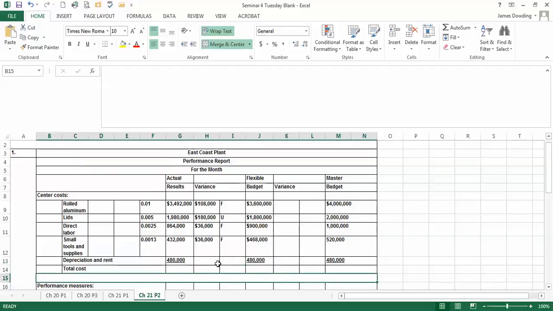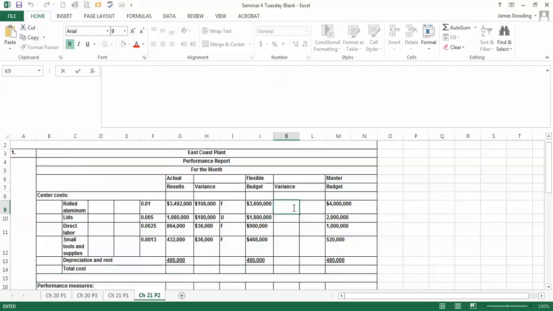And what I also want to do now is our variance. This is our difference between what our master was, what we had budgeted, versus what we would have had at 360 million. Since the master budget was based upon numbers of 400 million, we only produced 360, so we want to compare those costs.